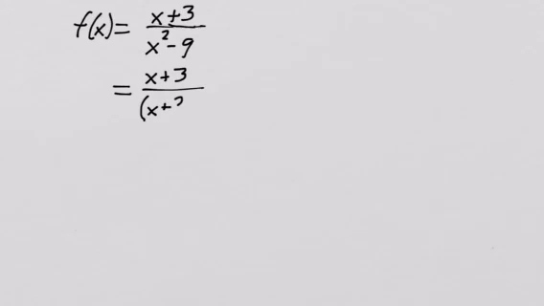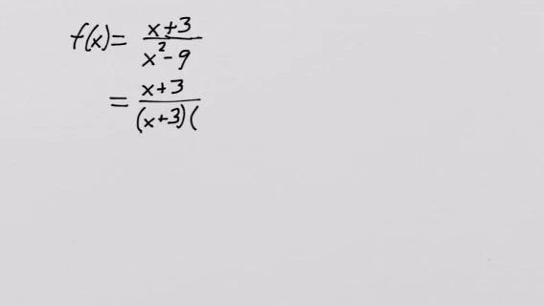So the denominator factors as x plus 3 times x minus 3. Well, now we have the factor of x plus 3 canceling out, so we end up with this function looking like 1 over x minus 3.